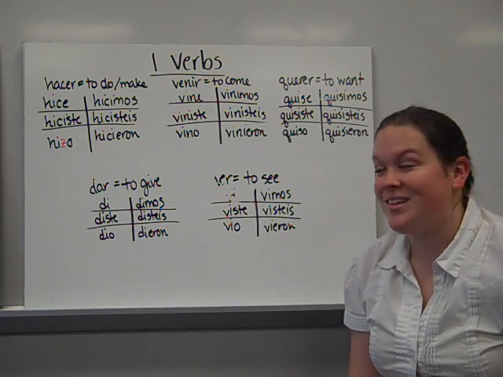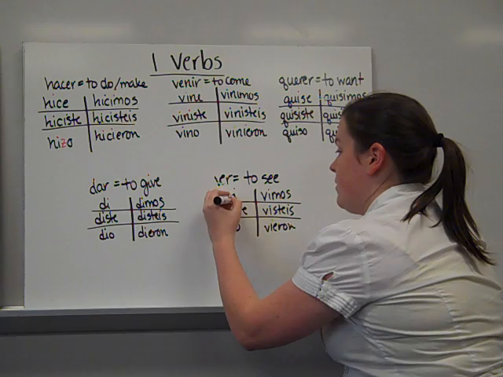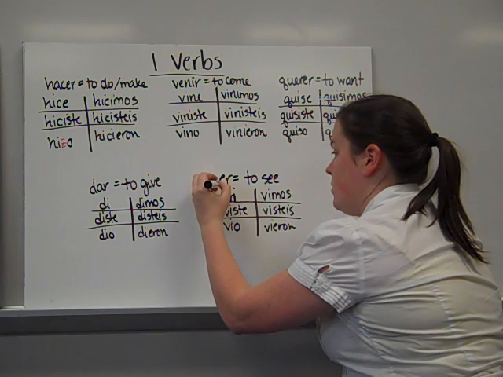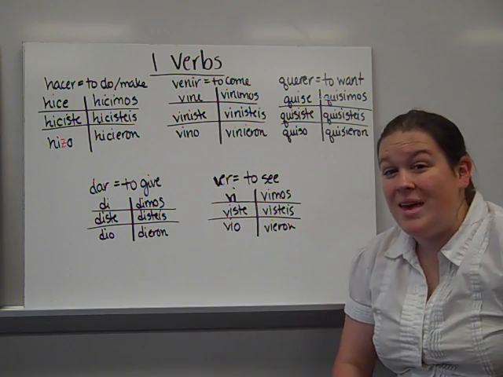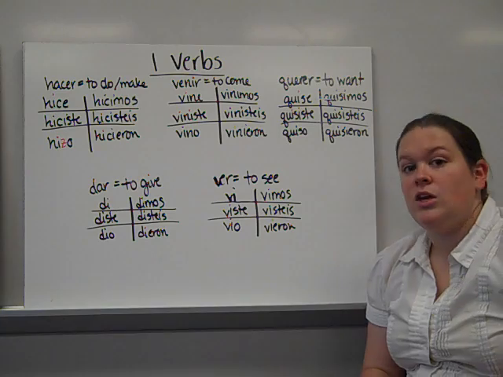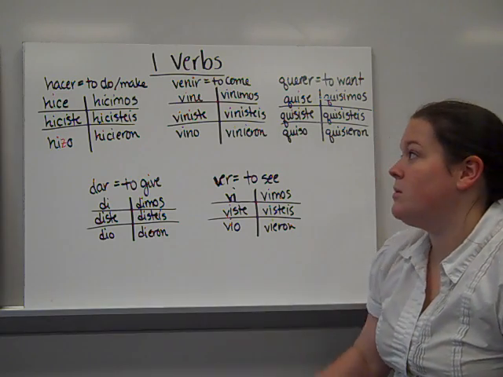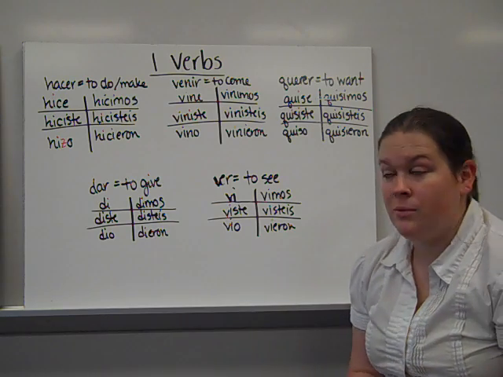Alright, these are the I verbs, and I'll be adding ver back in. Now, the I verbs that we use mainly are hacer, venir, and querer. You should be able to tell that these are nicknamed I verbs because the letter either changes to I, or again, an I is added in.